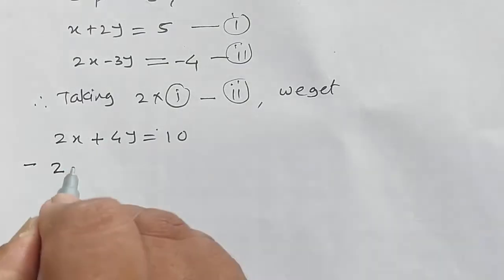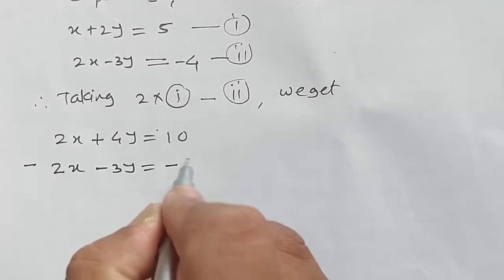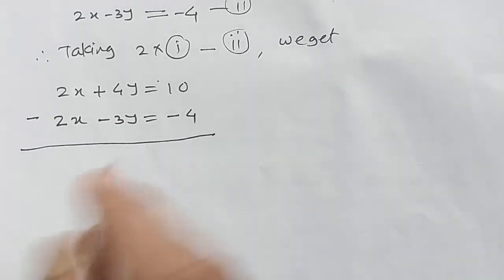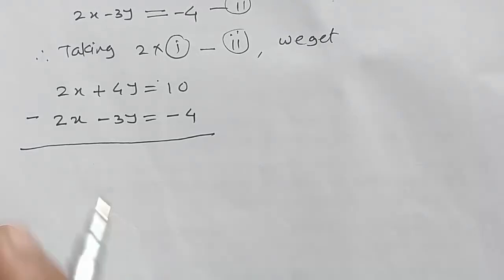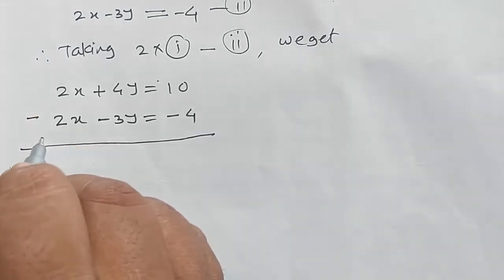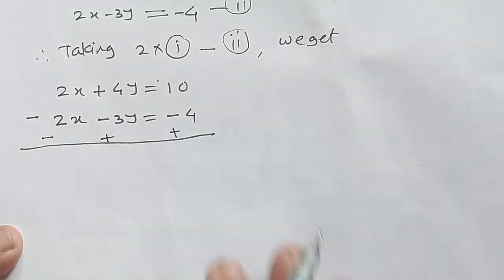Subtracting equation 2, 2x - 3y = -4. After subtraction, the signs of the terms change.